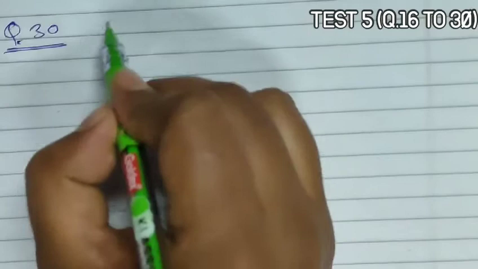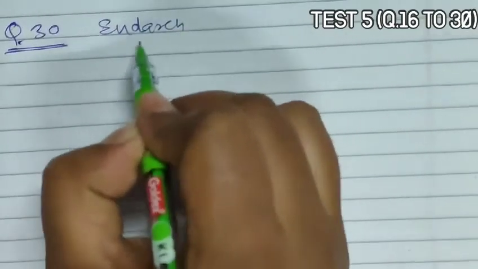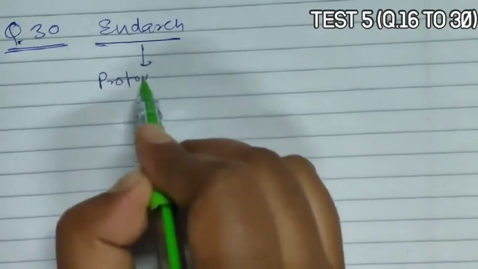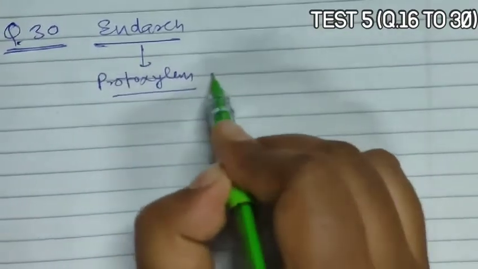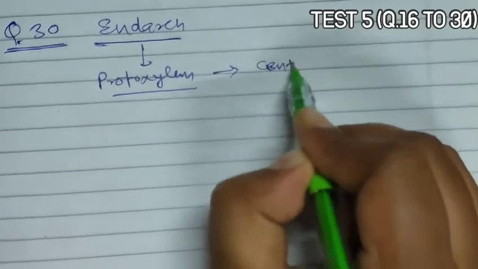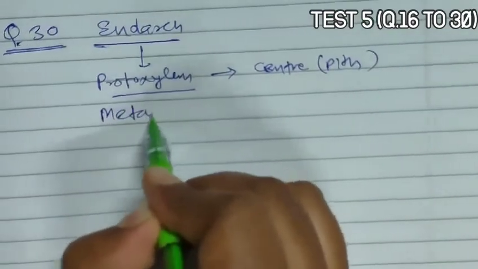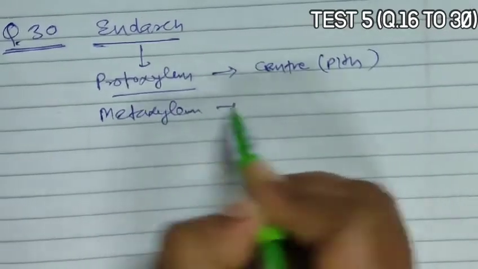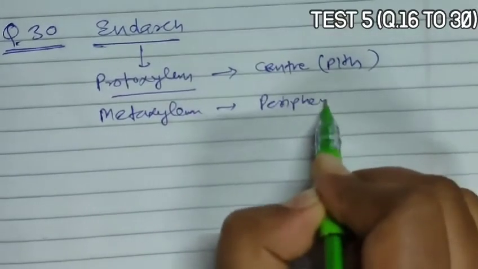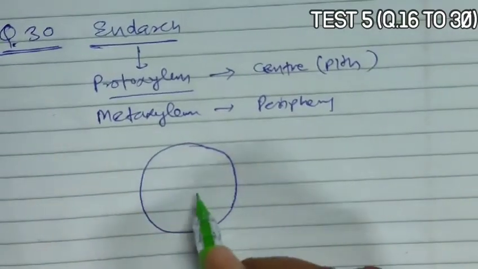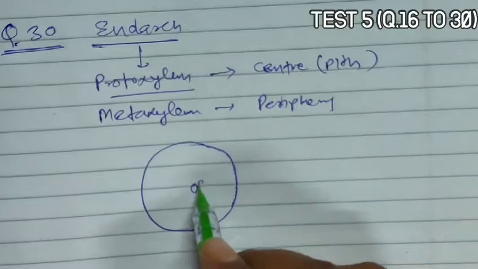Option C is vasculature without cambium. Yes, they have vasculature without cambium, but vasculature without cambium can be found in the dicot leaf and monocot leaf also, so it is not a particular characteristic feature.